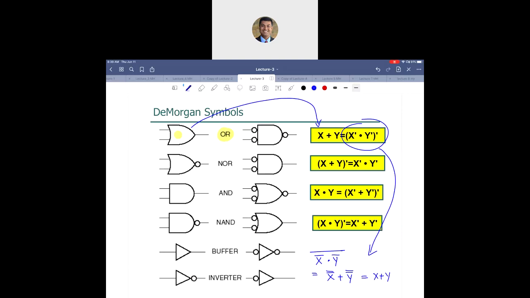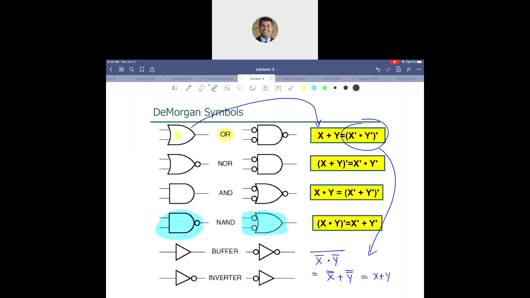So we are expressing those symbols or logic functions in their basic form in the left column and in their De Morgan equivalent on the right column here. And you can go through the list, see how you can represent them, verify some of these if you want. So for example, this one right here, the NAND function, equals this.